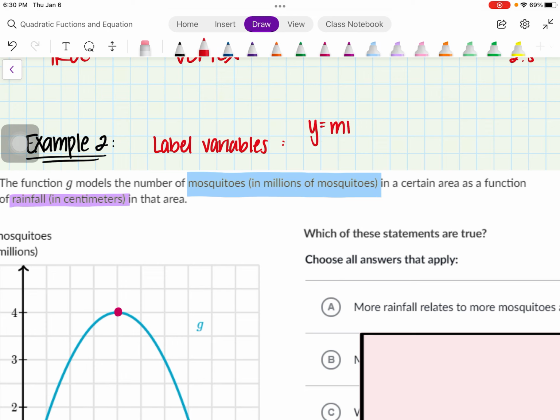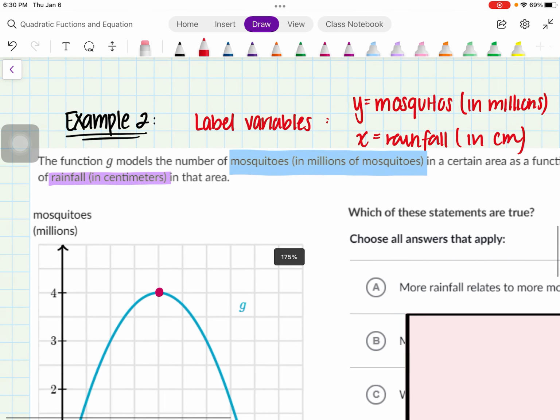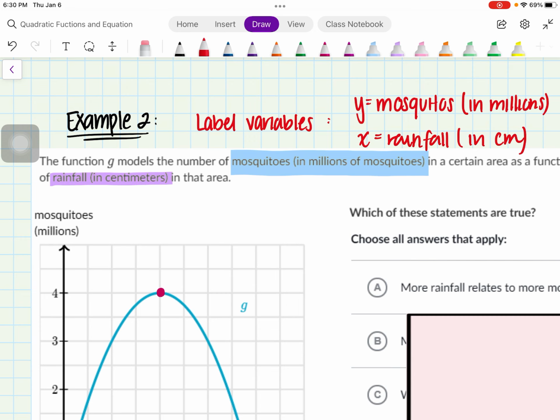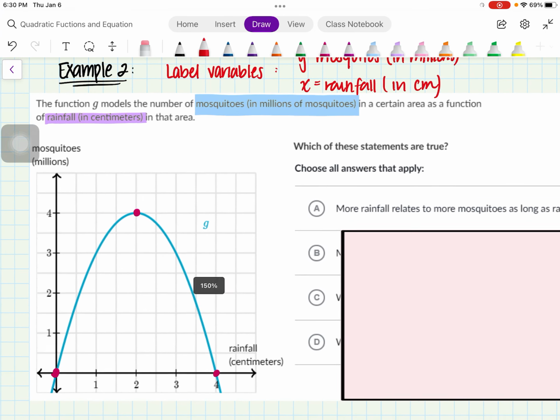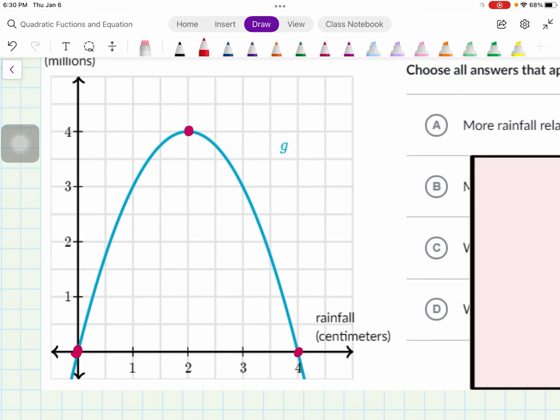Y is mosquitoes in millions. That leaves x as the rainfall in centimeters. All right. So let's go ahead and get started here, guys.